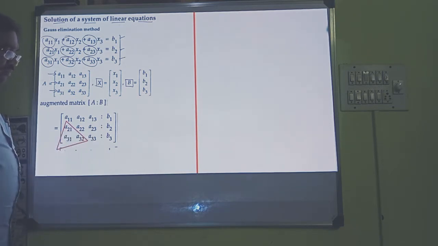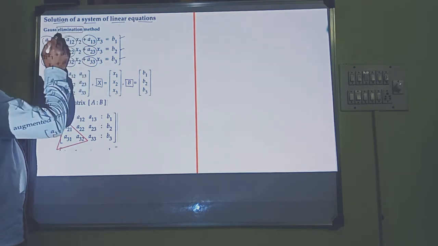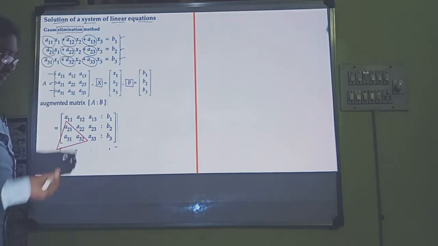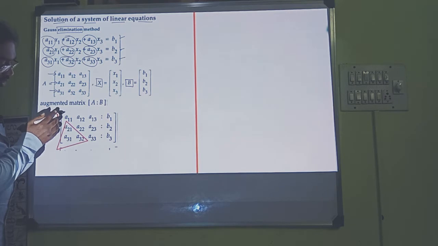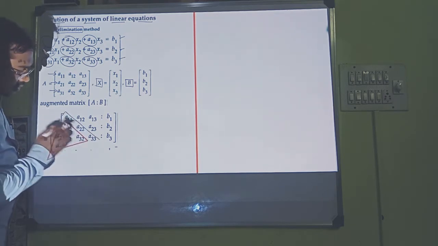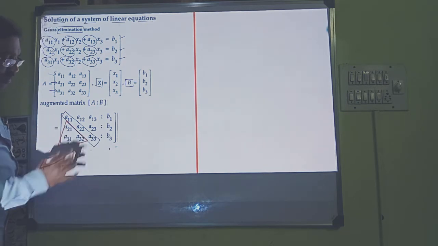Now what is our aim? The name itself, elimination, suggests that we are going to eliminate a few things. What are we going to eliminate? If you observe, this is the diagonal, the principal diagonal.